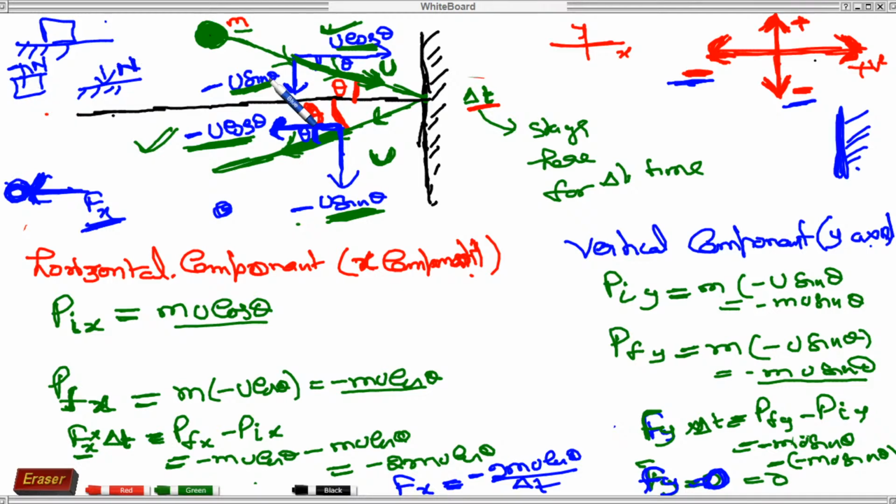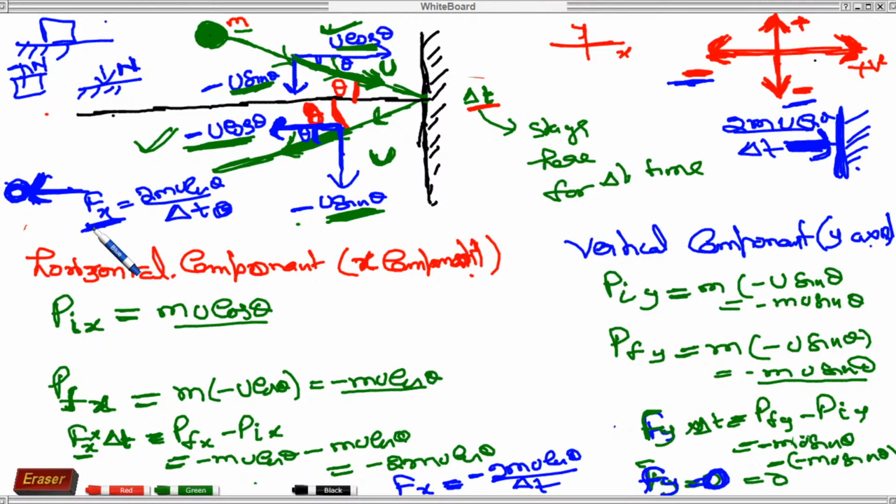So this ball will experience Fx equal to 2 mu cos theta over delta t force, and this wall will experience the same force, because of action and reaction, 2 mu cos theta over delta t.